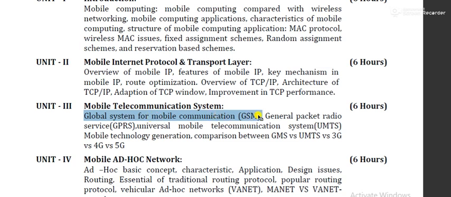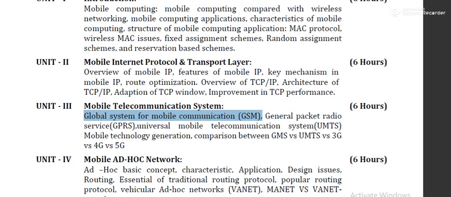In traditional days, using GSM only, the user was able to make audio calls only, and nowadays through the same technology the user is able to make video calls also. So we will understand the differences between the traditional telecommunication technologies, that is GPRS or 3G, and the current technologies used, that is 4G and so on.